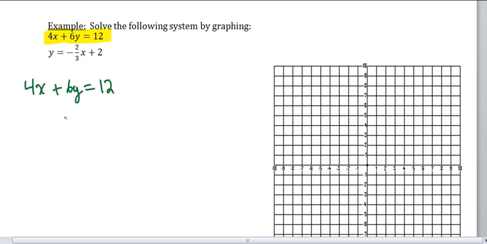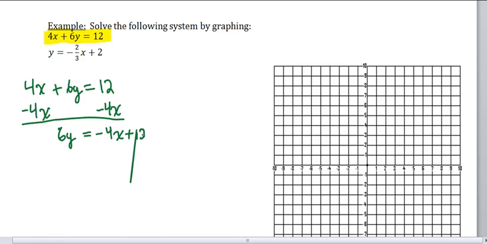So I'm going to have to actually solve these equations for y. The second one's already solved for us. But here we go. We get 6y equals -4x plus 12. And then I can divide both sides by 6 to get y isolated. So y equals -4/6 x plus 12/6.